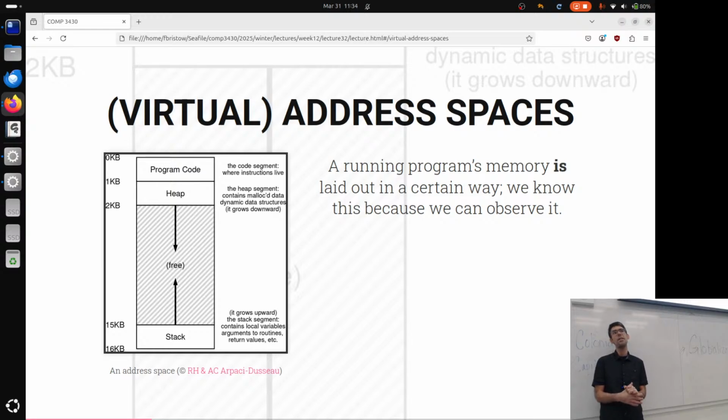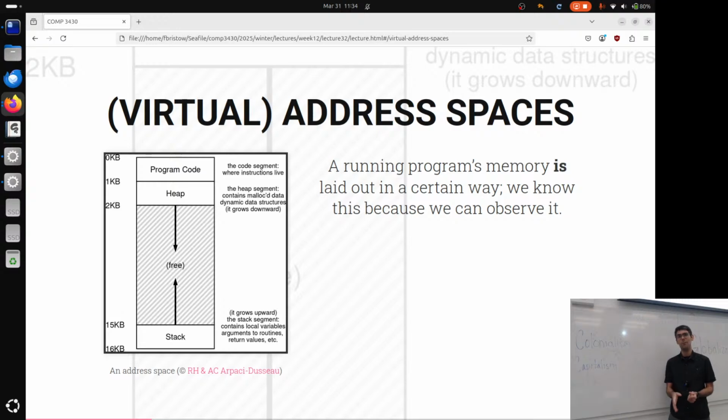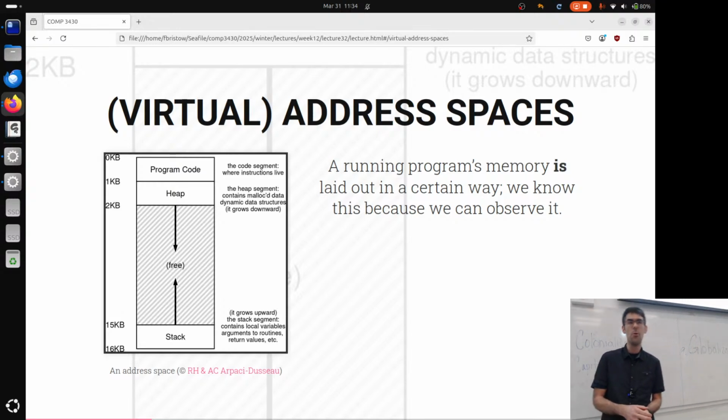When I run a program on a typical computer, the virtual address space layout matches what we've been told so far. We know for a fact that there's a program code segment that lives closer to the top of memory, there's a heap that lives beneath that somewhere, and there's a stack that lives very close to the bottom of the virtual address space.